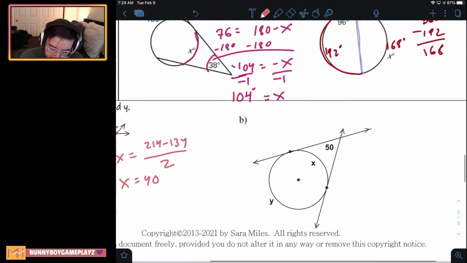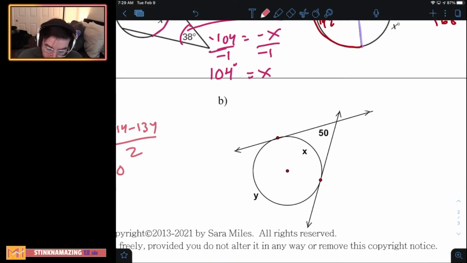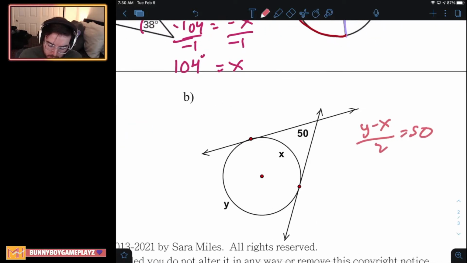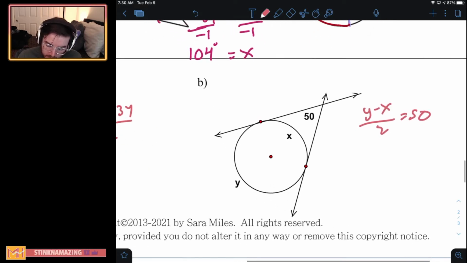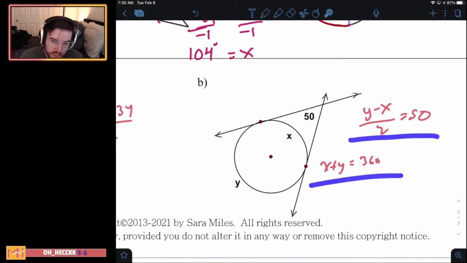Last but not least, we don't know either arc, and we know the angle, but you know, y minus x, big arc minus small arc divided by 2 equals 50. Right? There's not a lot to go off of. But what else do I know? I know that these arcs add to 360. So we have two equations that are true.